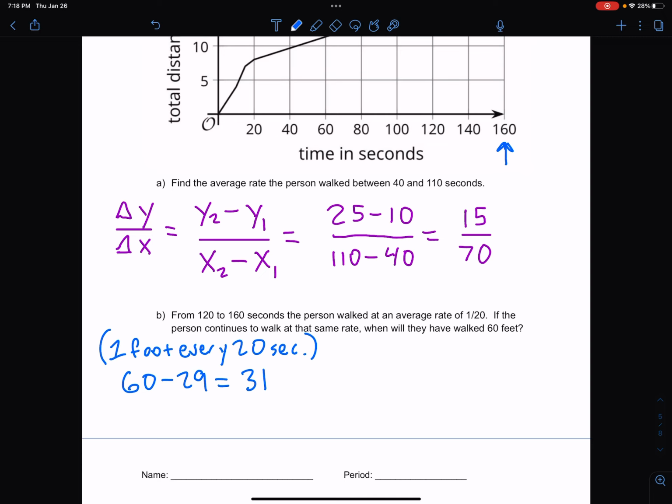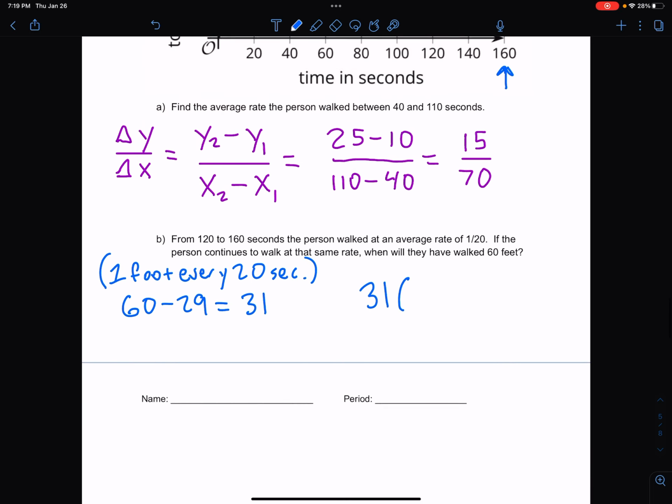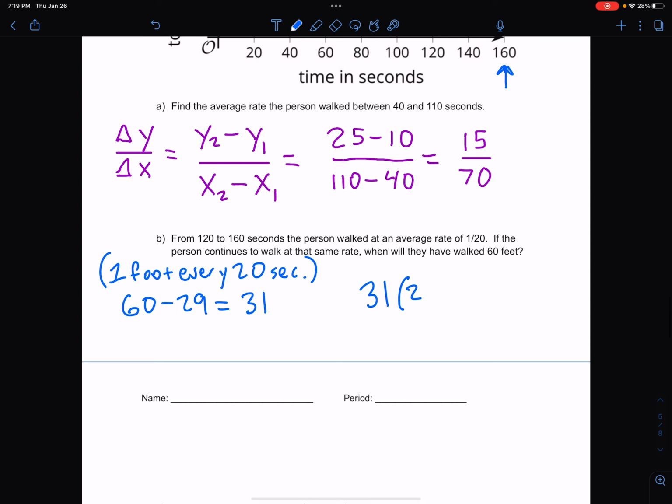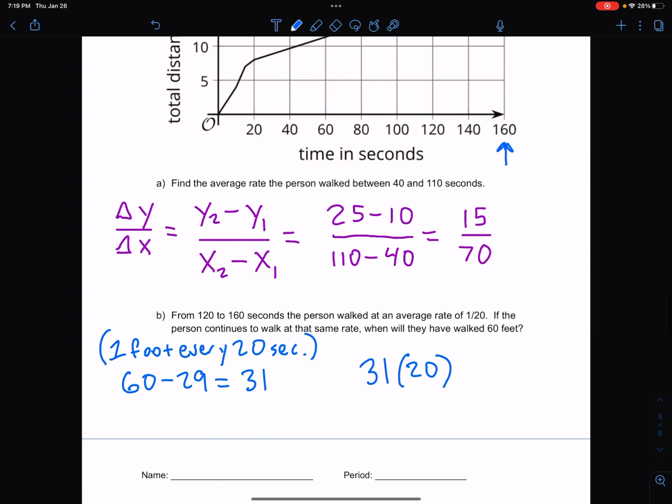So I'm going to take that information. If I need to go another 31 feet, and I know it takes 20 seconds to go each foot, if I multiply 31 times 20, that'll tell me how many seconds it's going to take to walk 31 more feet. Where did the 20 come from?